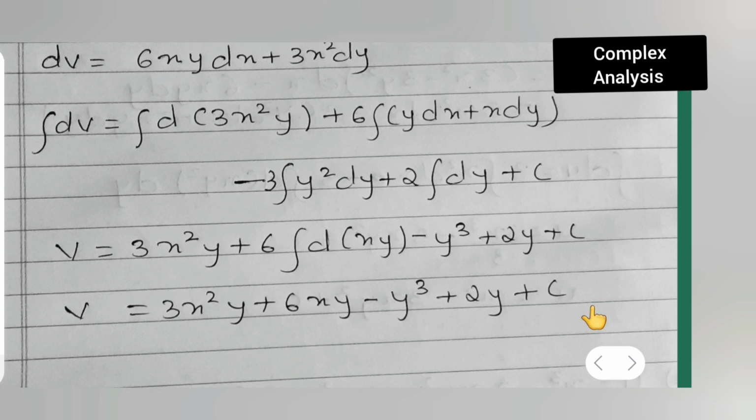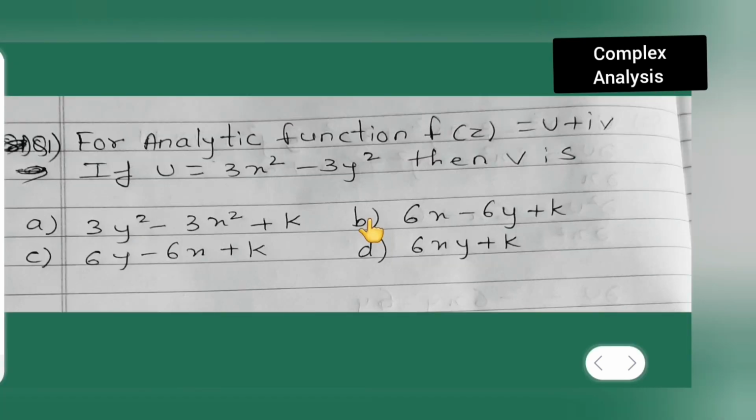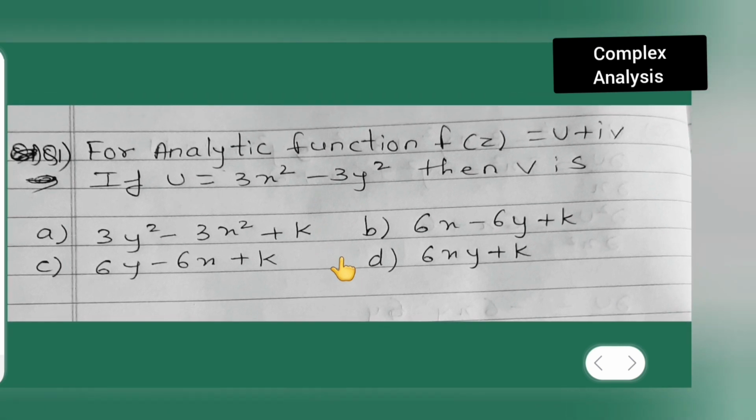Now for exam purposes, if they ask you this as MCQ type, how are you going to find it? There is a small trick to find this out. You all know about Cauchy-Riemann, right? So what you'll have to do is, dou u upon dou x, what it was?